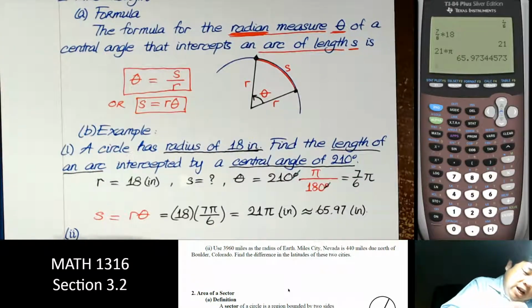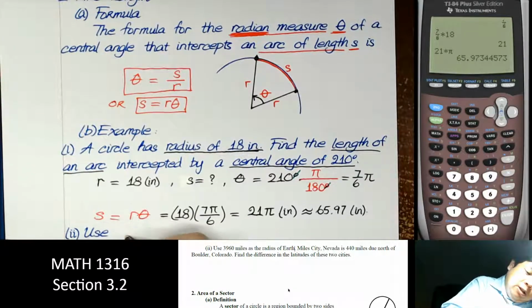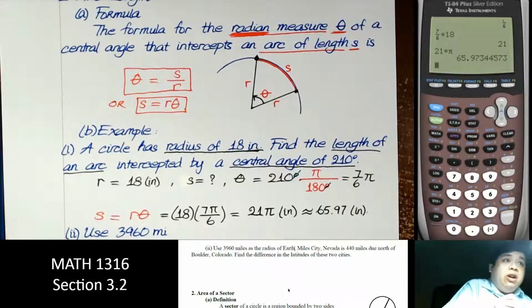I have to write it out. Use 3,960 miles as the radius of the Earth.